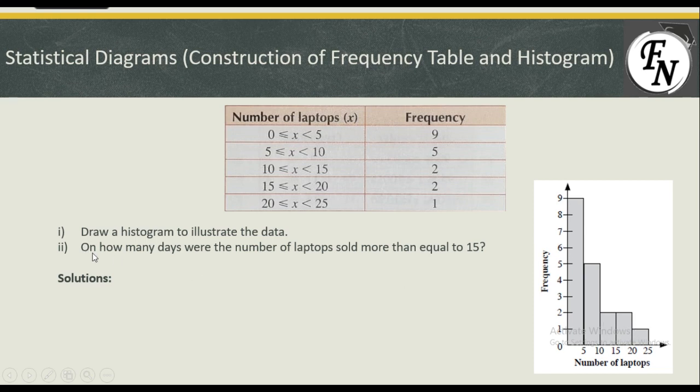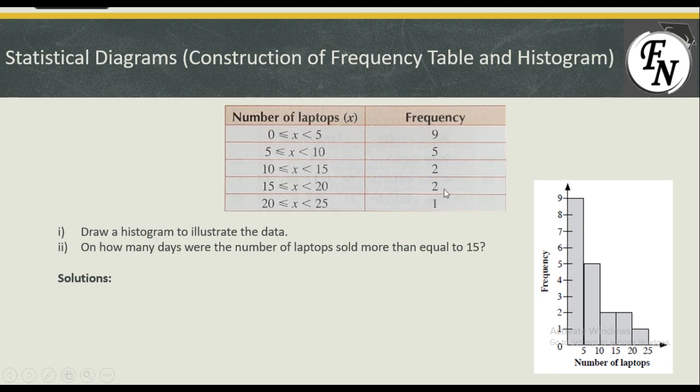After that we need to answer this question: on how many days was the number of laptops sold more than or equal to 15? So we should know that more than or equal to 15 means more than 15. We can say 16, 17, 18 or such laptops. So these are the number of laptops sold from 15 till 20, and 20 till 25, this is 1.